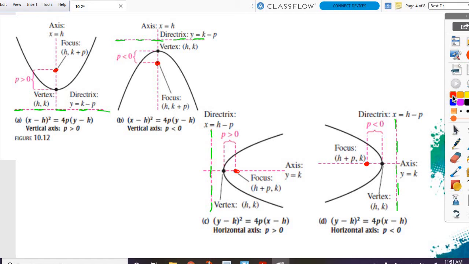The only other thing that you need that wasn't on the previous page is your focus equation. And your vertex is always h comma k no matter which direction it is going.